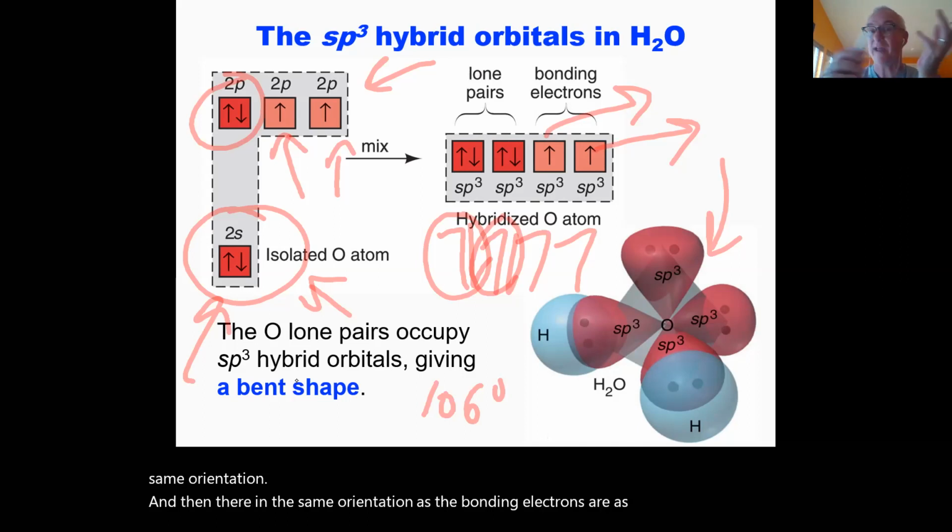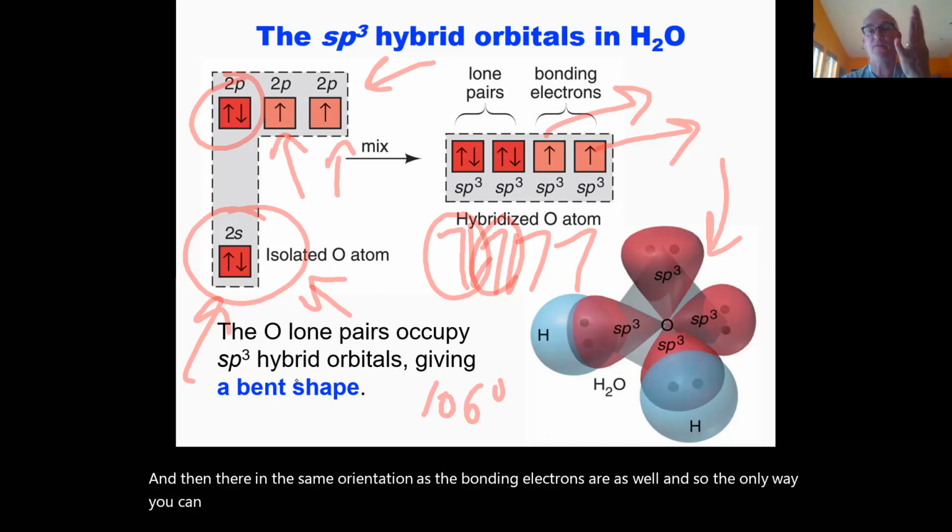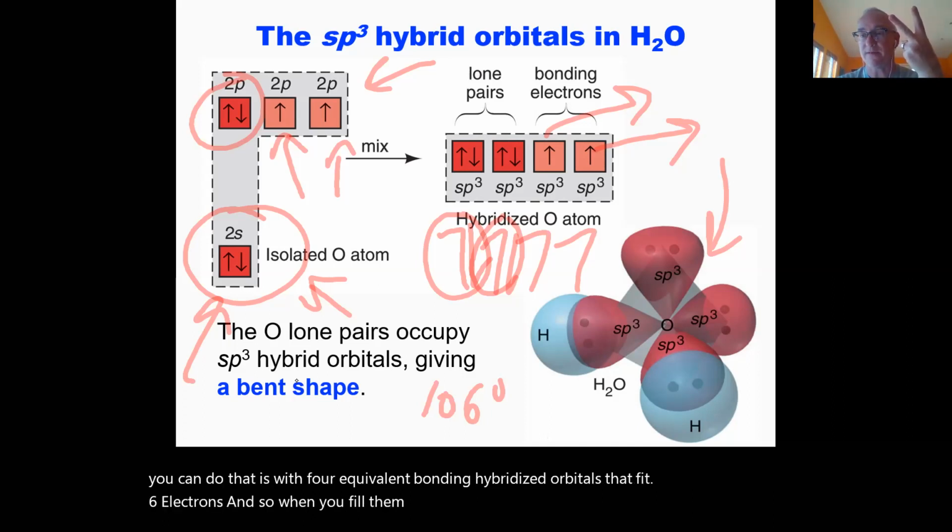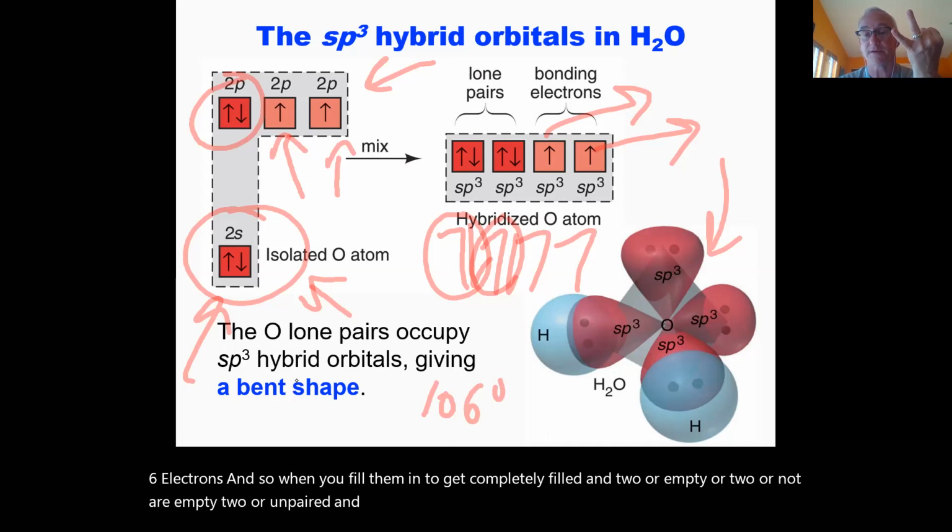And so the only way you can do that is with 4 equivalent hybridized orbitals that fit 6 electrons. When you fill them in, 2 get completely filled and 2 are unpaired. And that's where the bonding orbitals come from.